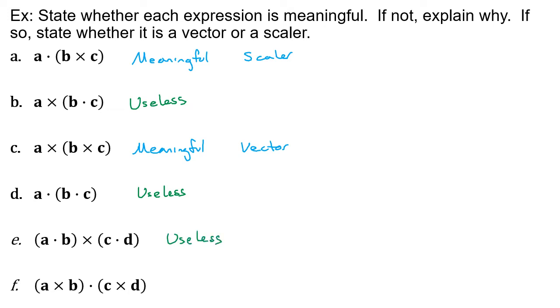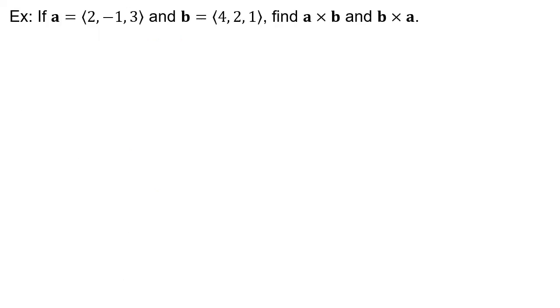But the last one, A cross B is a vector. C cross D is a vector, and I can dot two vectors together. This one's okay. This is a meaningful expression. And you'll get a scalar out of it because of the dot product. So this one says, can you find A cross B and can you find B cross A?